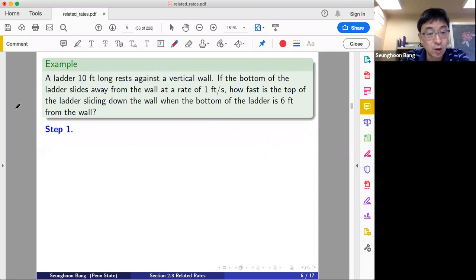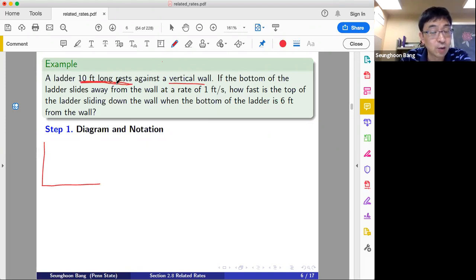First, you can draw a diagram and notation. The diagram is like this. We have a vertical wall and ground. A 10-foot long ladder rests against the vertical wall here.